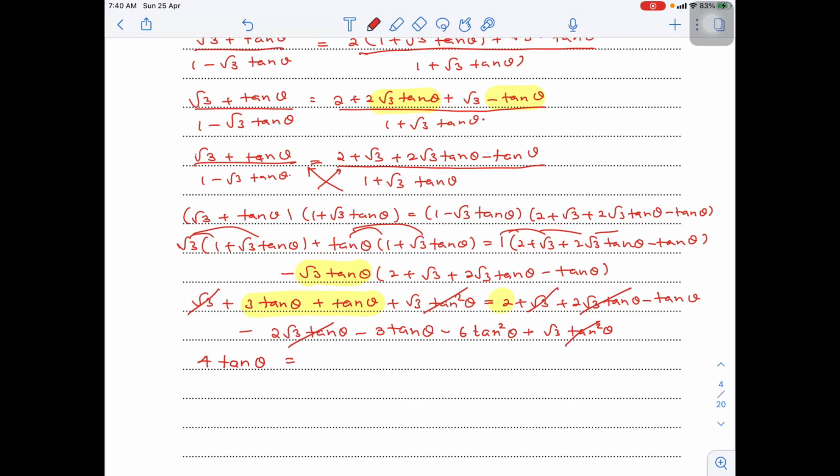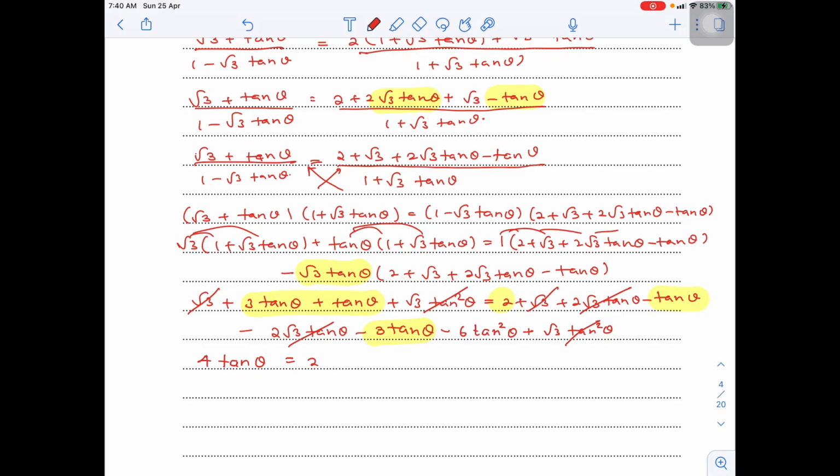So now I'm left with 3 tan theta plus tan theta, 4 tan theta, equals the right hand side, that is 2, then minus tan theta minus 3 tan theta, so that's minus 4 tan theta, and the last term is negative 6 tan square theta.